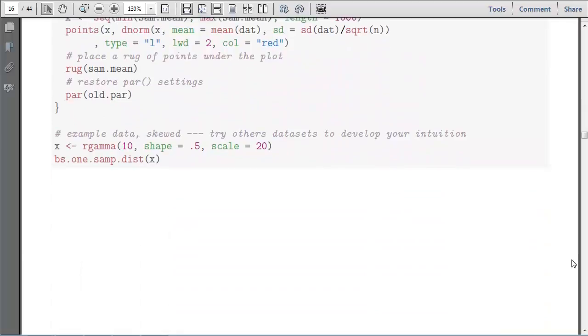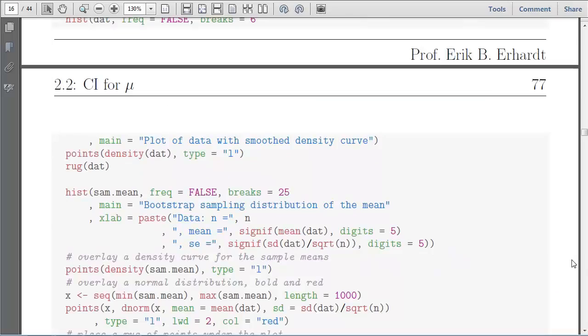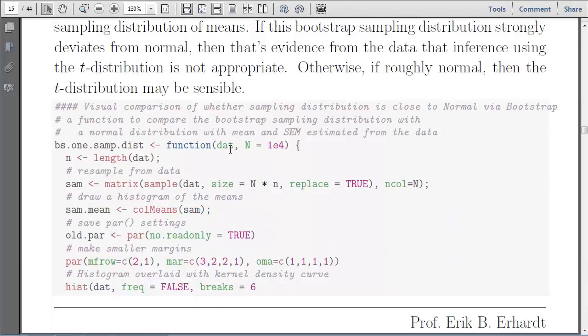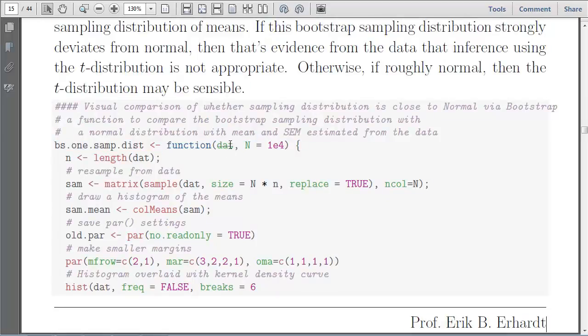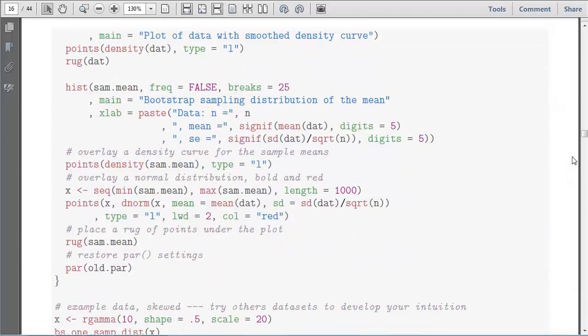But the basic idea is that I'm going to put in the data set that I'm trying to estimate the sampling distribution from, and it's going to run this 10,000 times and see how close the sampling distribution of the mean is to a normal distribution.